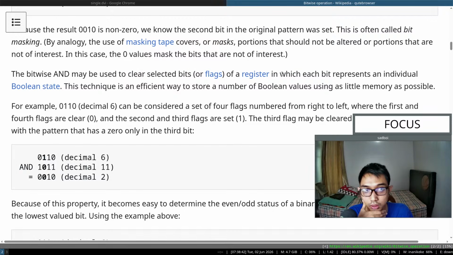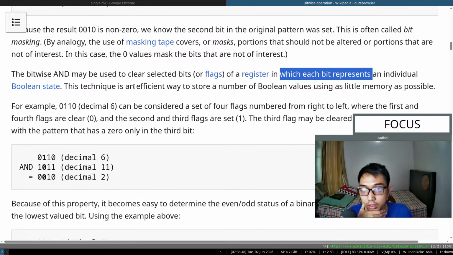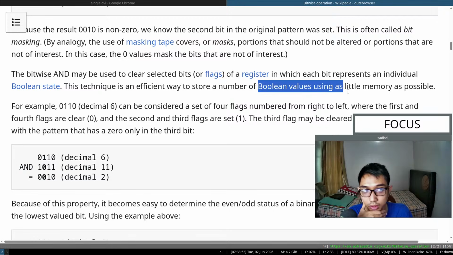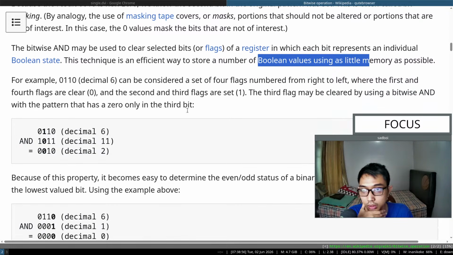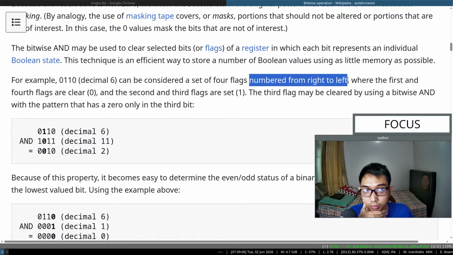In which each bit represents an individual Boolean state is an efficient way to store a number of Boolean values using as little memory as possible. For example, this bit pattern can be considered a set of 4 flags numbered from right to left.